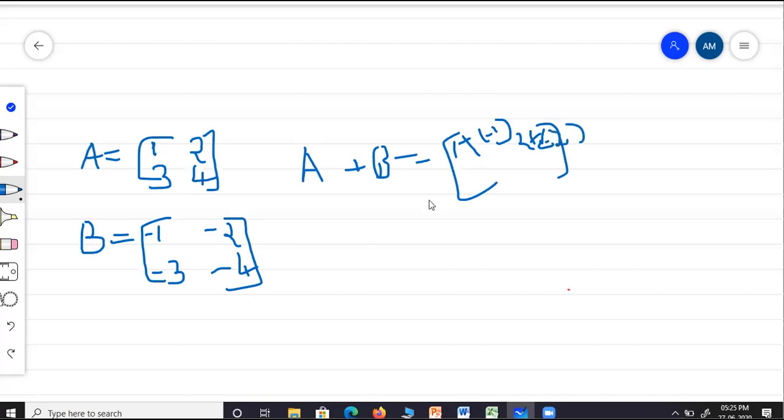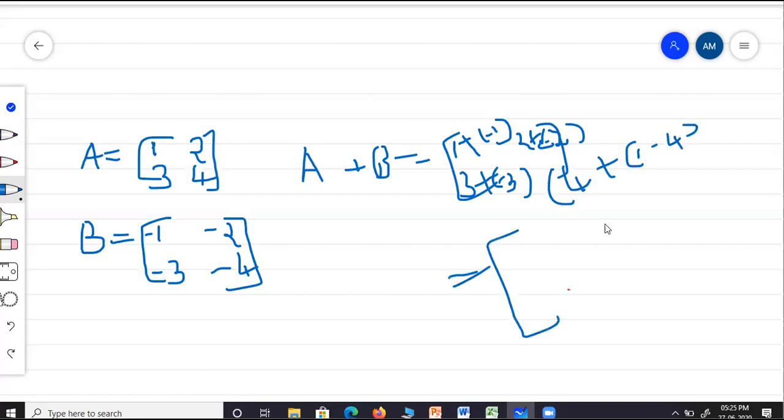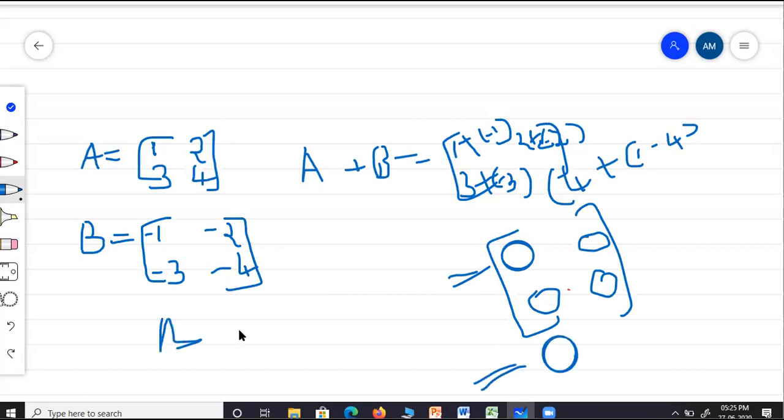Then the third element, 3 plus minus 3. And the fourth element, 4 plus minus 4. If you add these two matrices, you will get the answer 0, 0, 0, 0, equal to the 0 matrix. If you find B plus A, again you will get the 0 matrix. So I hope now it is clear to all.